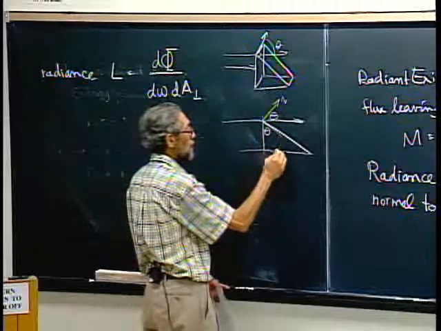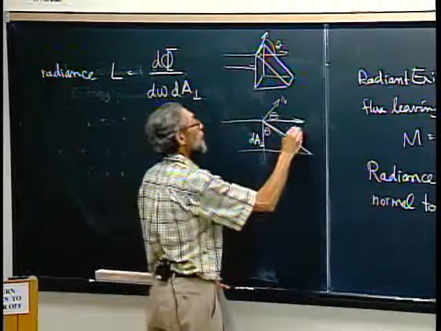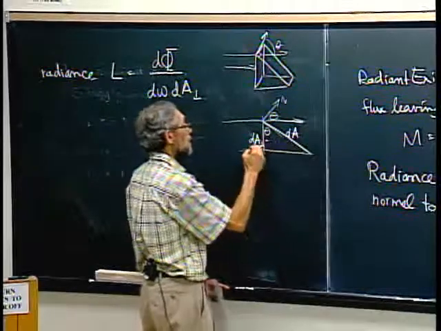This is also theta, and so this dA perpendicular is dA times cosine theta.